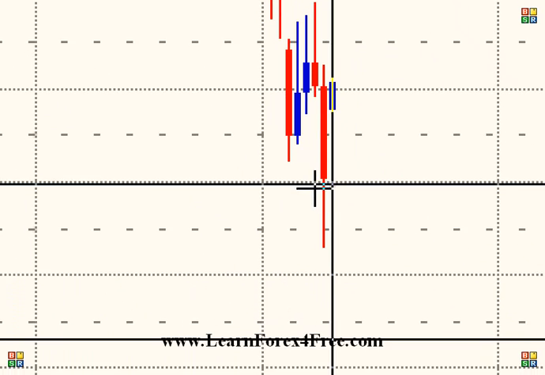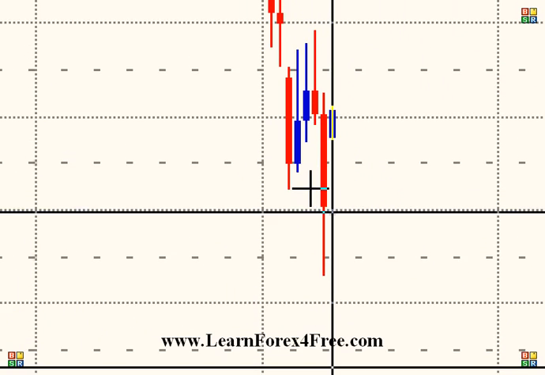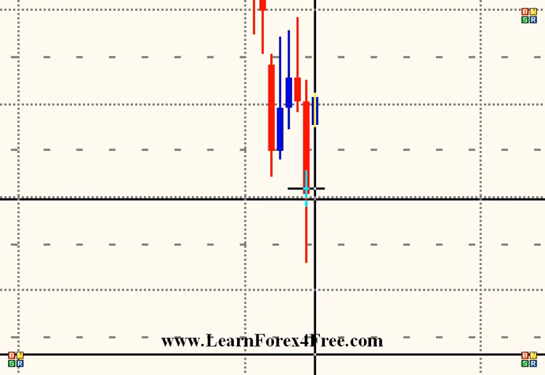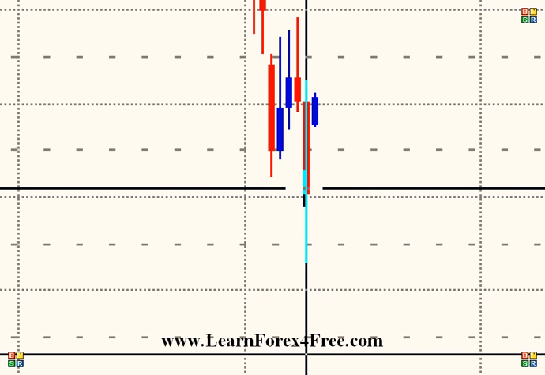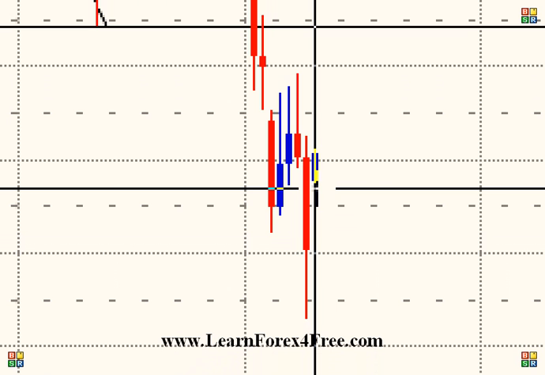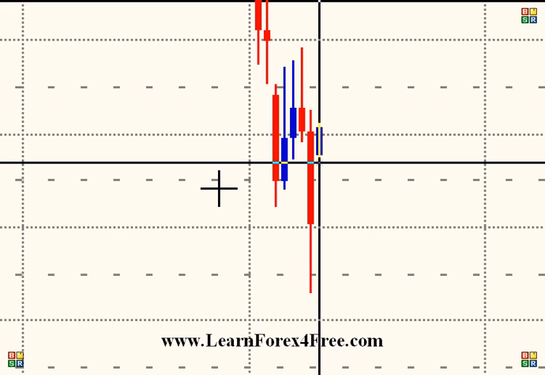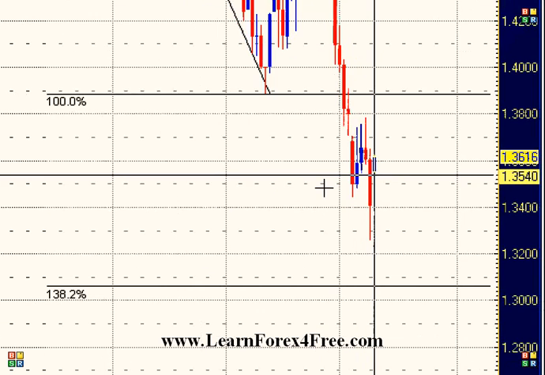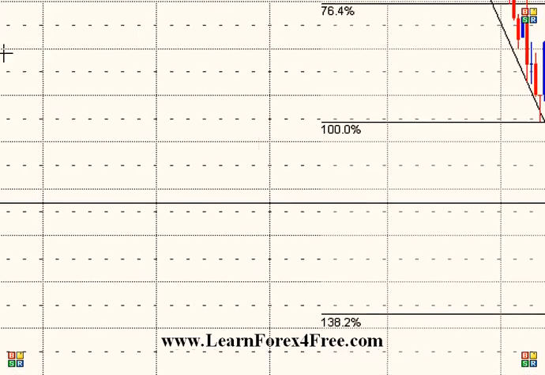The closing price on Friday was 1.3407, and the opening price today was 1.3555. It gapped up.